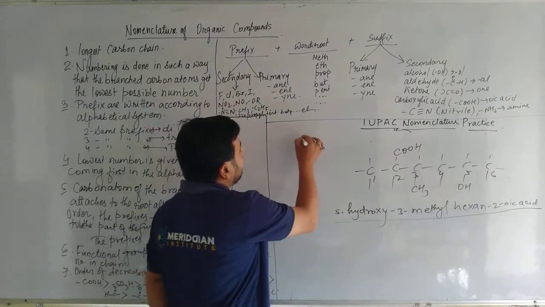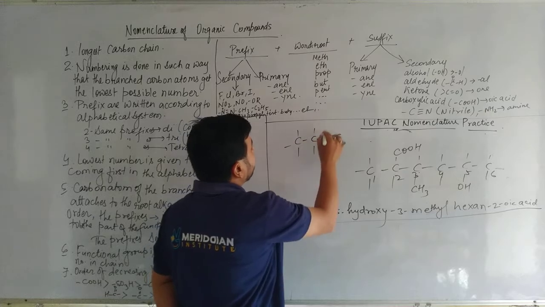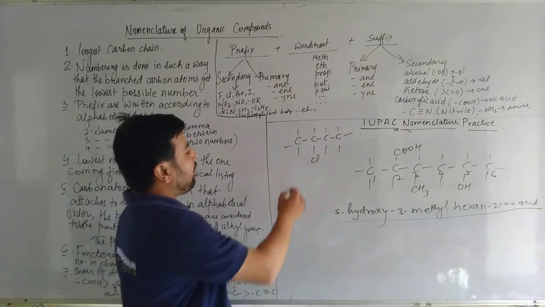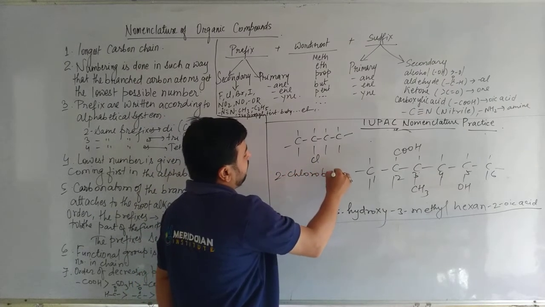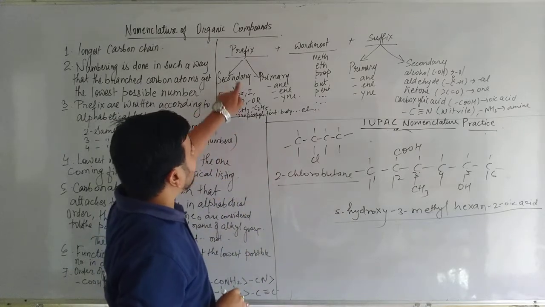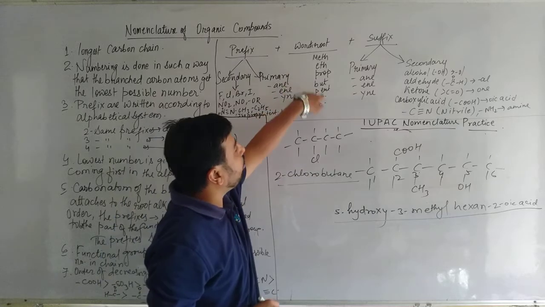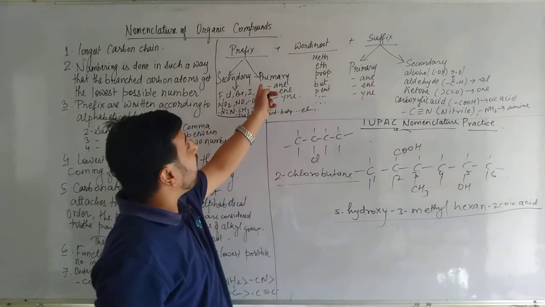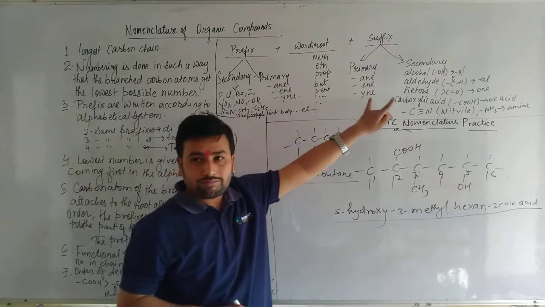Just suppose here I have given you 4 carbon atoms and here I have given you Cl. So you will tell me, so it's very easy, 2-chlorobutane, because 4 carbon is known as but. So what we have done here, we have written the secondary prefix prior and after that we have put the word root and then primary is also known as primary prefix or primary suffix, both are same.